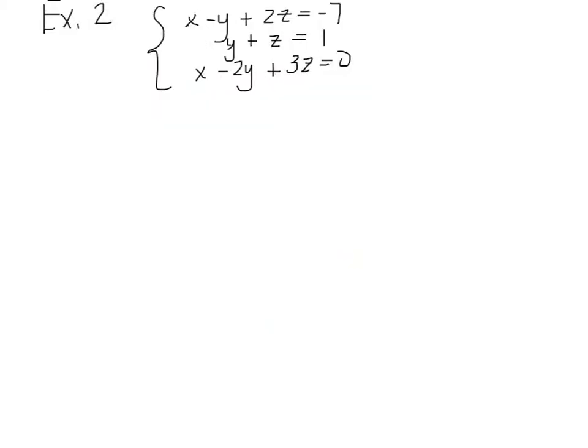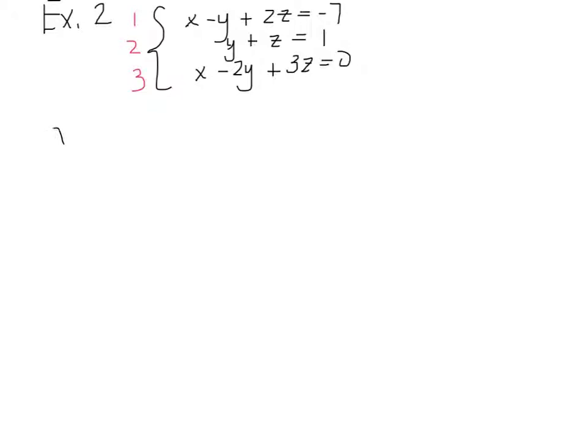Okay, let's look at this equation. I'm going to number my equations again. If you notice, in equations 1 and 2, if I added those together, the y's are going to cancel.